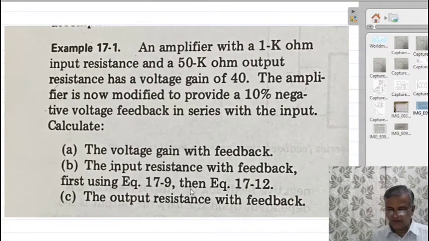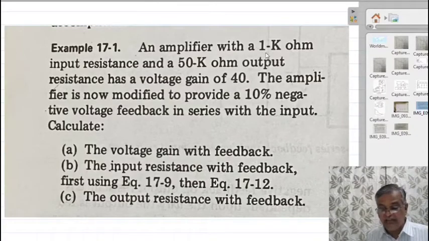We'll do these numericals. This numerical is for the input and output resistance relation. I already did the calculation directly; you only need to remember the equation. Look here at the question. An amplifier has a 1 kilo ohm input resistance and a 50 kilo ohm output resistance.